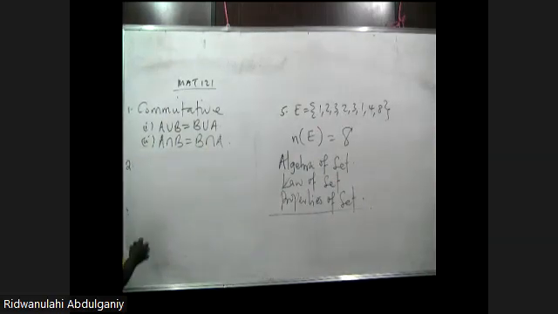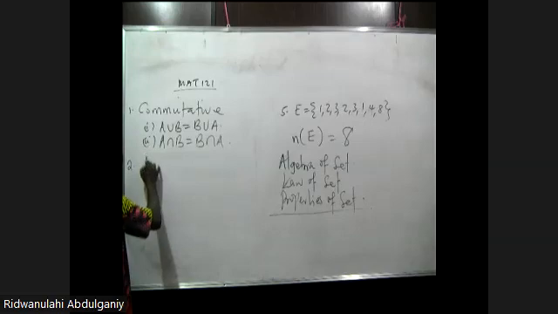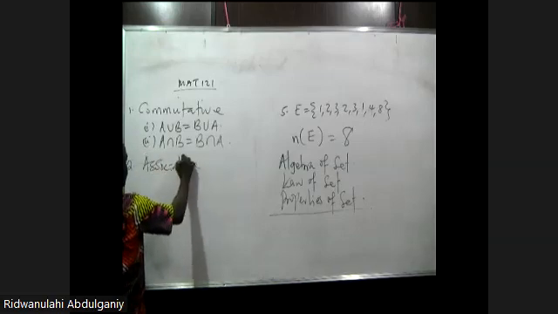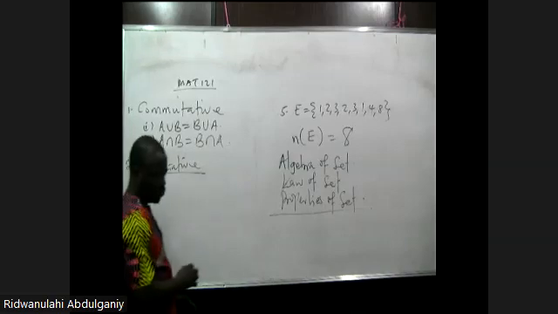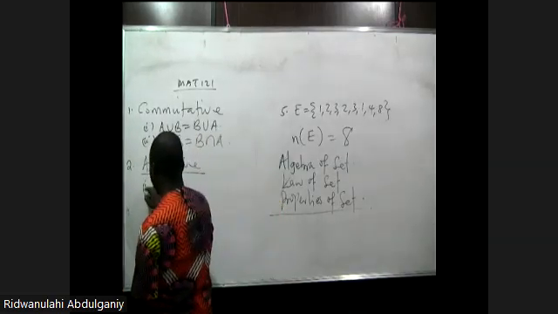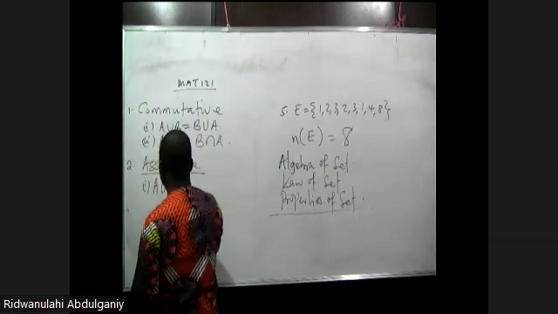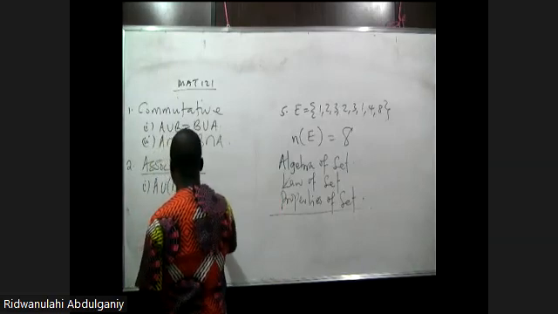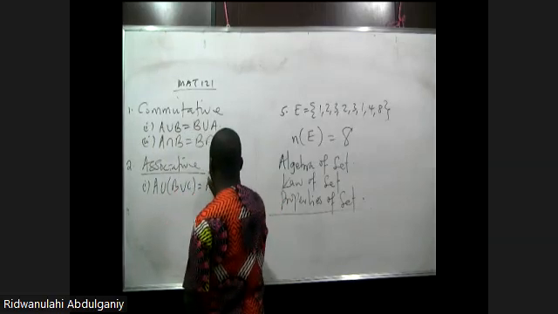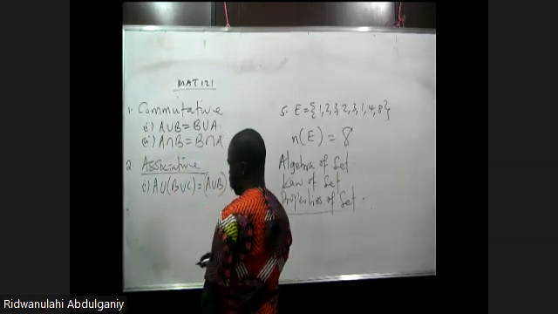Number 2, I have associative. By associative, what do we mean? There must be 3 elements. The first one, A union B union C, is the same thing as A union B union C, with the grouping changed.